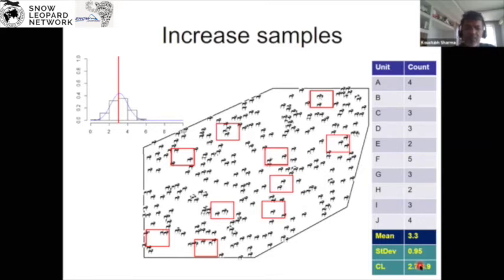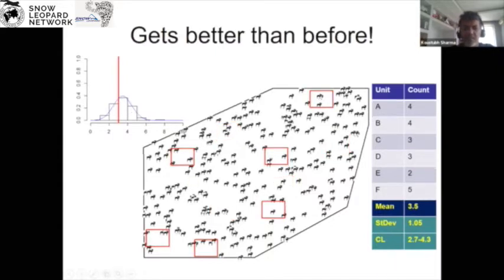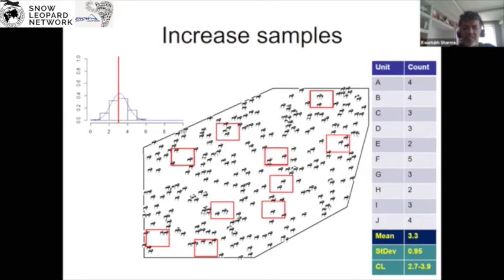But if you look at the histogram carefully, you will see something very interesting. With increased samples, the bell-shaped histogram has narrowed down a little bit. It has basically become a little more narrow than it was before.